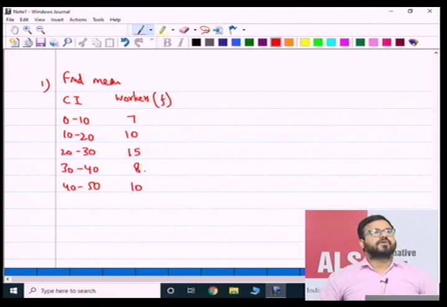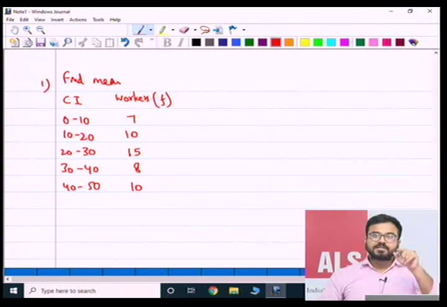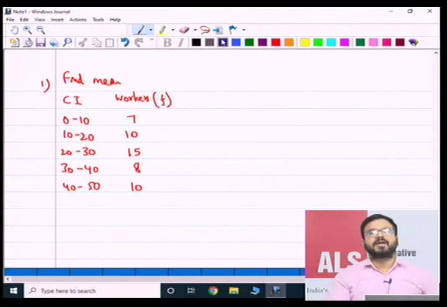So now we have to find the mean over here. You can see the x value is not given. So first we have to find the x value, which is known as the class mark, or you can say the mid value. So xi is given by upper limit plus lower limit divided by 2 of a class.